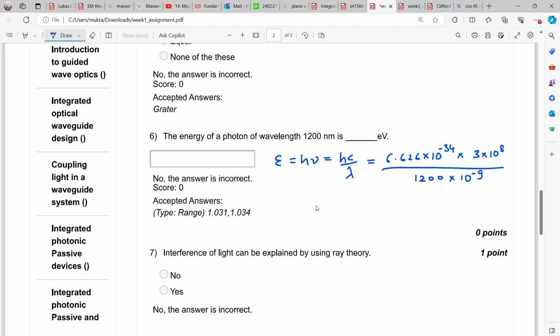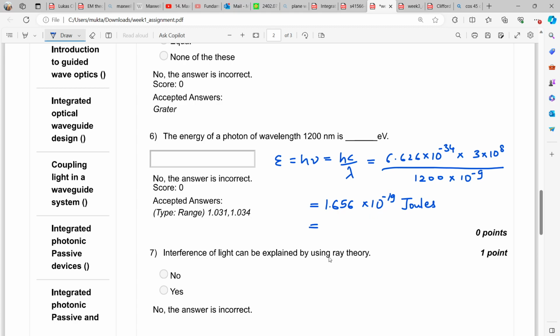So that comes out to be 1.656 into 10 power minus 19 joules. But now they are asking for it in electron volts. So we just divide it by the charge of an electron, that is 1.6 into 10 power minus 19.